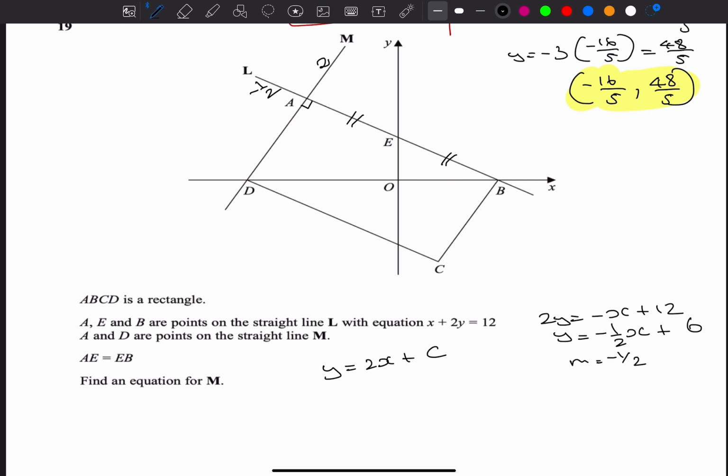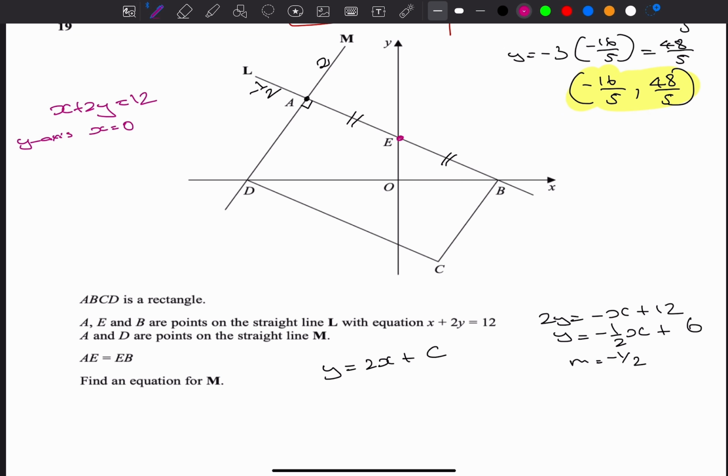Sorry. They said AE, I need a coordinate now. That's the problem. I better write down the coordinate of A, because that's where it's common for both of them. So what is the coordinate of E? It's easy, because x plus 2y equals 12. It crosses the y-axis, so x value is 0.